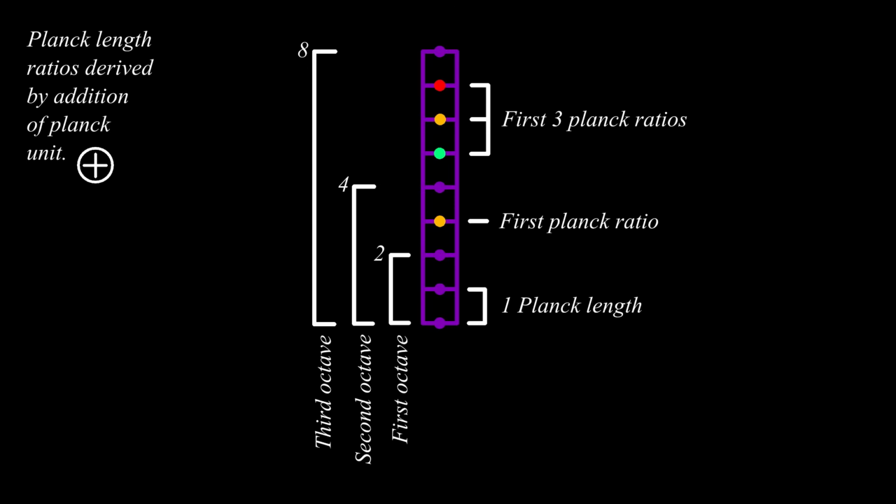The first octave being the Planck length multiplied by 2, the second octave being the Planck length multiplied by 4, and the third octave being the Planck length multiplied by 8. So this is a multiplication table. The Planck length can also be divided. It is in fact the combination of both which allows for all modalities to be extracted.